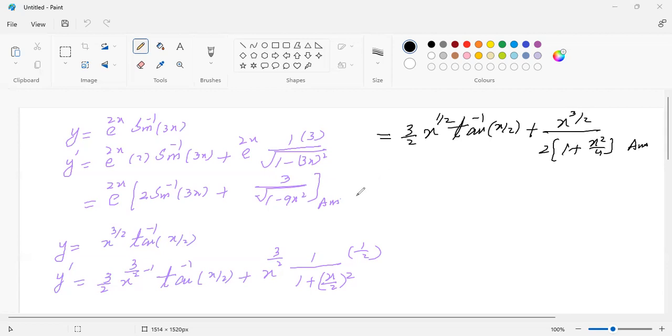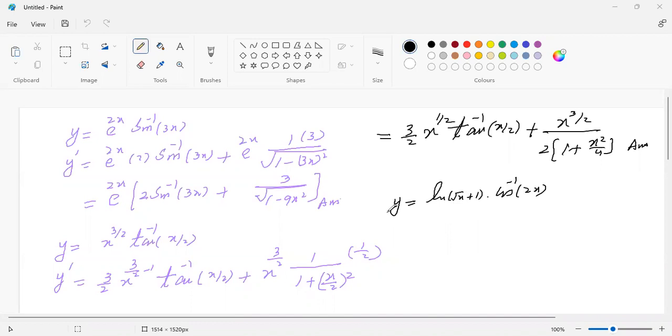Therefore, we did 3-4 examples related to the inverse trigonometric function. Now, the last example for this lesson: let us take the product of ln of the square root of x plus 1 into the cosine inverse of 2x.